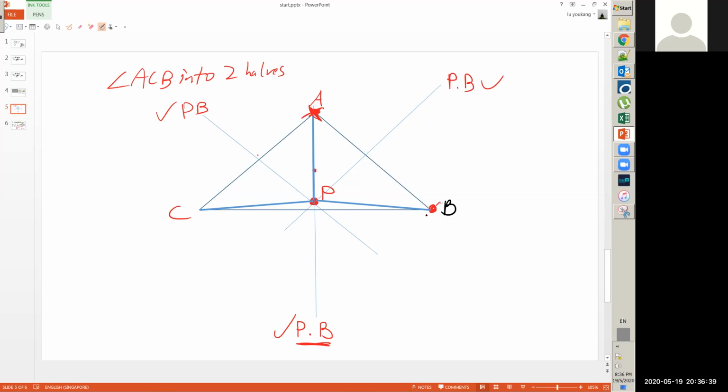So can I ask you, in order for the circle to pass through A, B, C, do you know what it means? It means your P here will be the center of the circle.